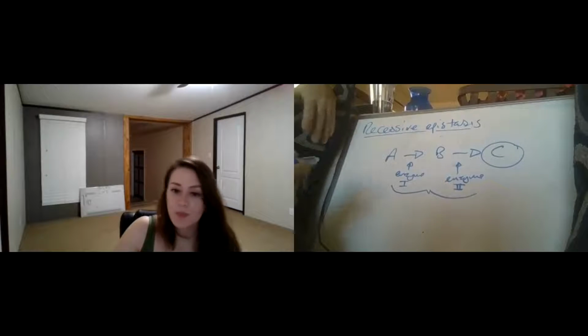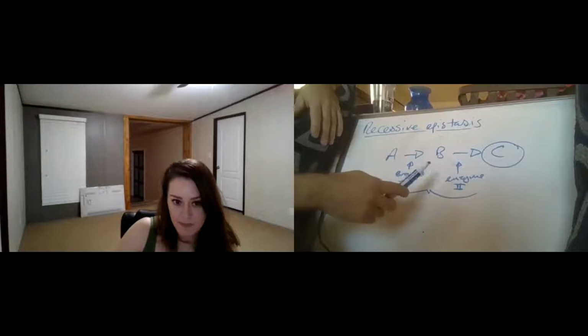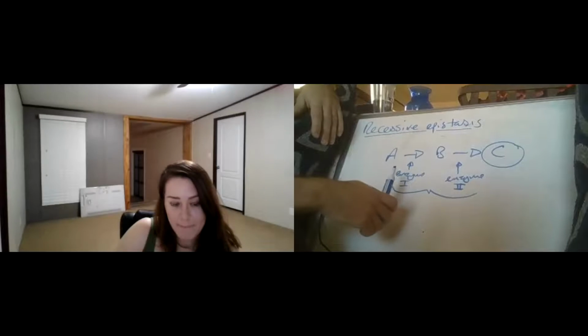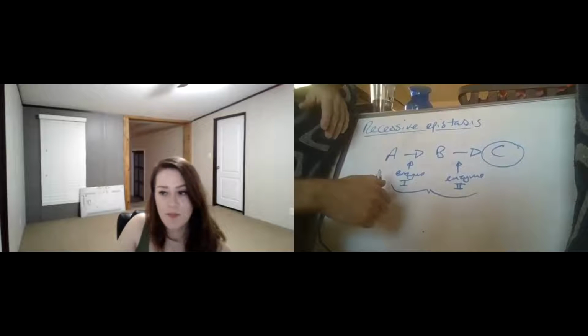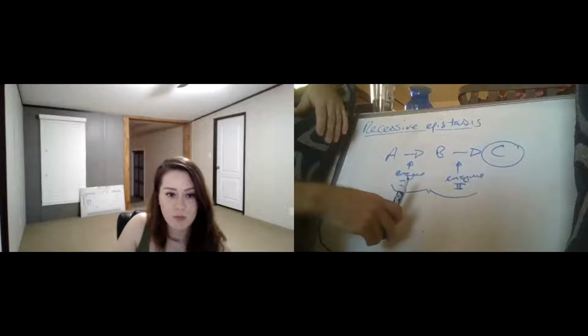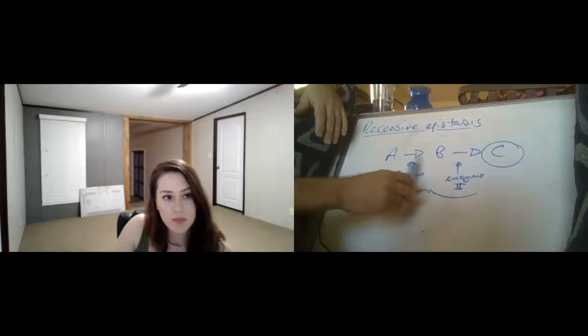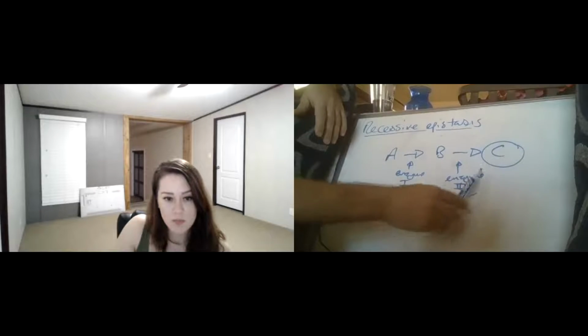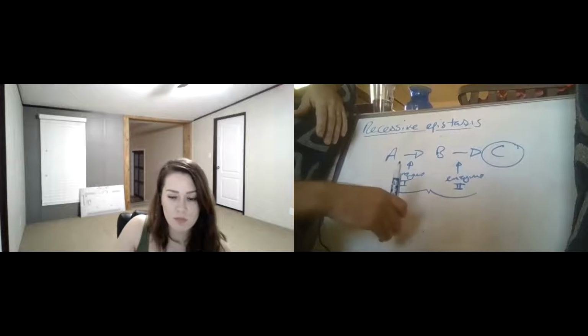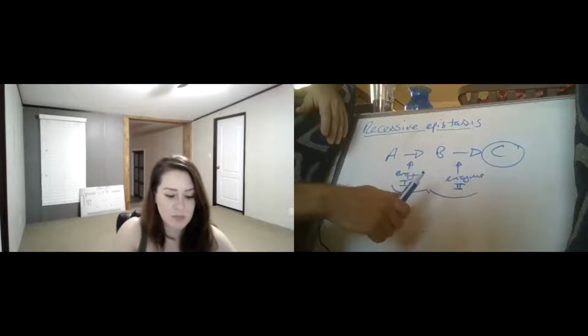So in this case, the phenotype that you're looking at here is enzymatic activity, or functional production of the next step. Enzyme 1's phenotype is production of B, enzyme 2's phenotype is production of C. Does that make sense? That's their job, essentially.